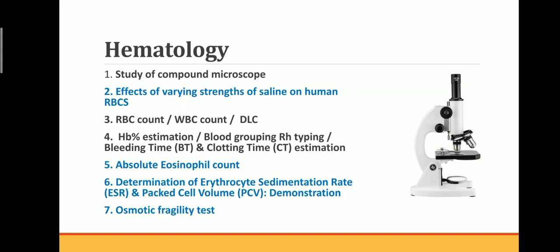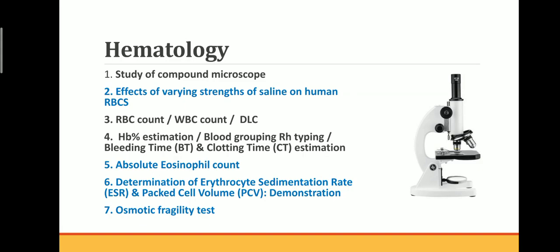In hematology, the first experiment is study of compound microscope. Then you have effect of varying strengths of saline on human RBCs. Then RBC count, WBC count, and differential leukocytic count. Hemoglobin estimation, blood grouping, Rh typing, bleeding time, and clotting time estimation are some of the important experiments in hematology.